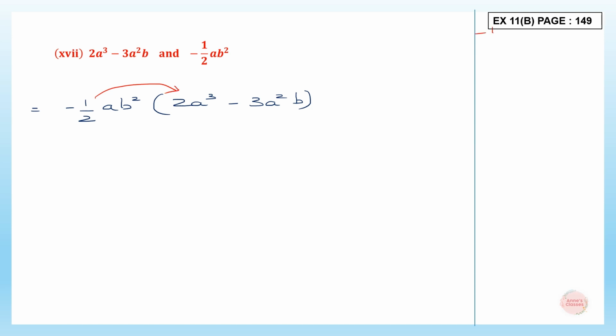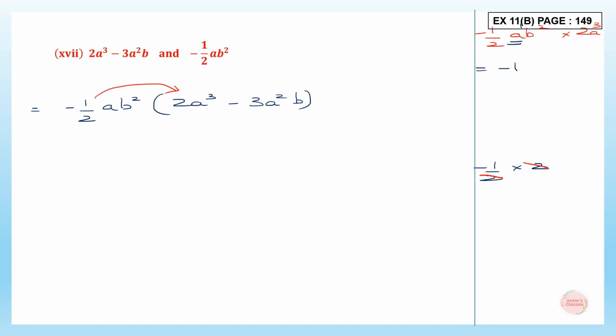Let's write it down. Minus 1 by 2ab square into 2a cube. Now first the numbers, that is minus 1 by 2 into 2. Taking only the numbers, here the 2's will get cancelled, so what is left is only minus 1. Now let's look at the a's.